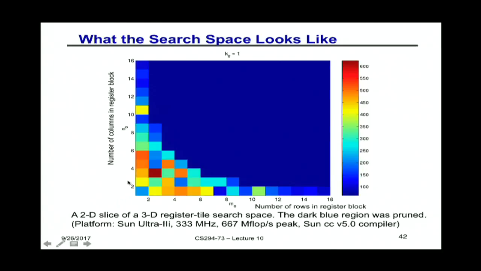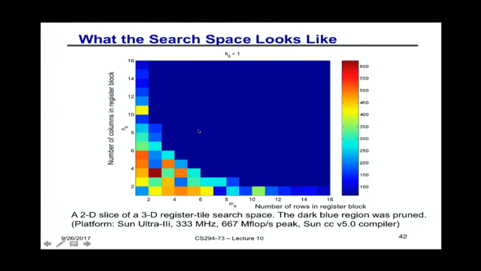One of the examples given here is the heat map of the matrix multiplication performance with different block sizes. On the horizontal axis is the number of rows in the register block, and on the other axis is the number of columns in the register block. You can see that you can get performance between 600 megaflops versus 100 or below here.